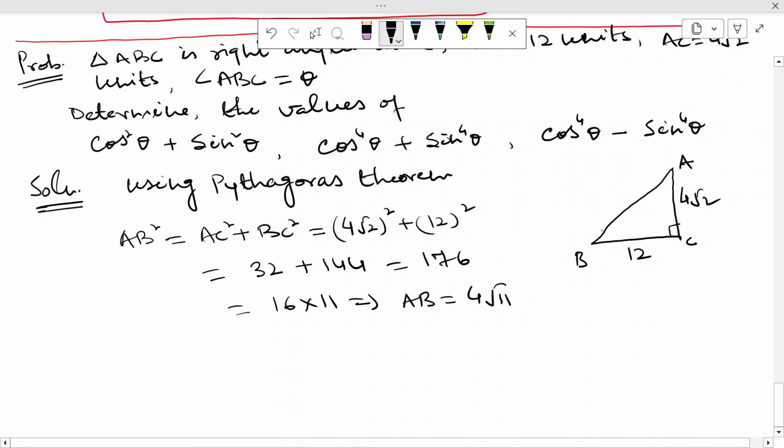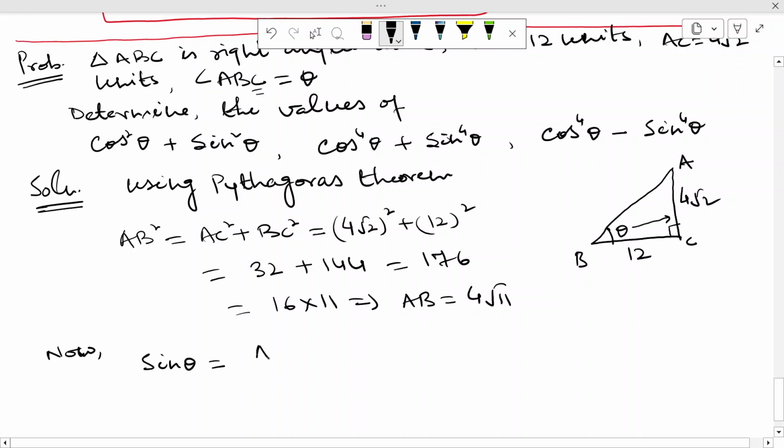So, if you look at the problem, it is given that angle ABC, so this is our angle theta. Now we can obtain sin theta. So, our sin theta is, if you look at this angle theta, the side opposite to the angle theta is our opposite side AC.